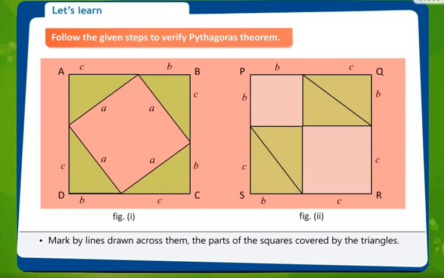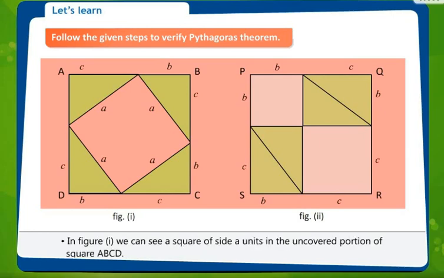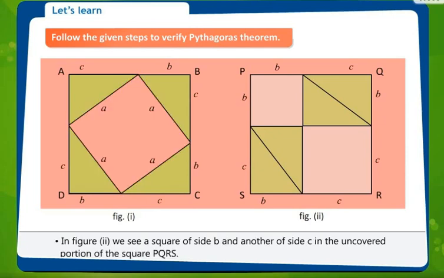Then mark the lines drawn across them, parts of the squares. In figure 1, we can see the square of side A unit in the uncovered portion of square ABCD. In figure 2, we can see the squares of side B and side C in the uncovered portion of the square PQRS.